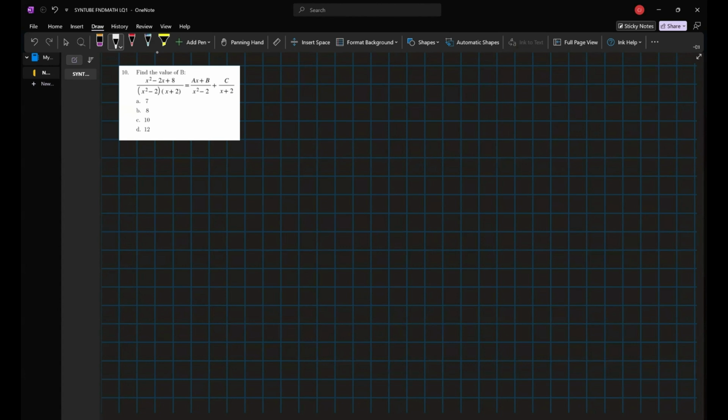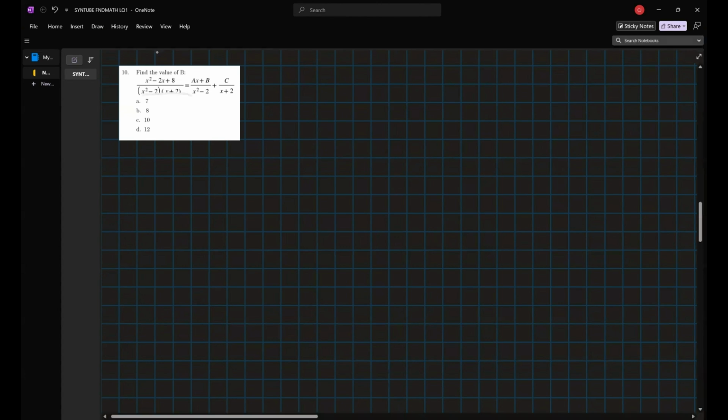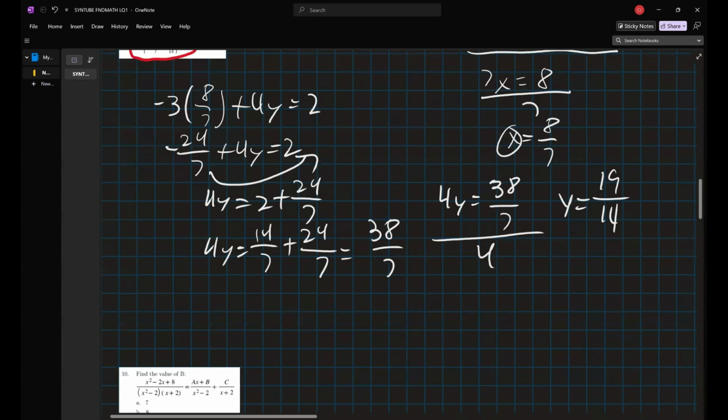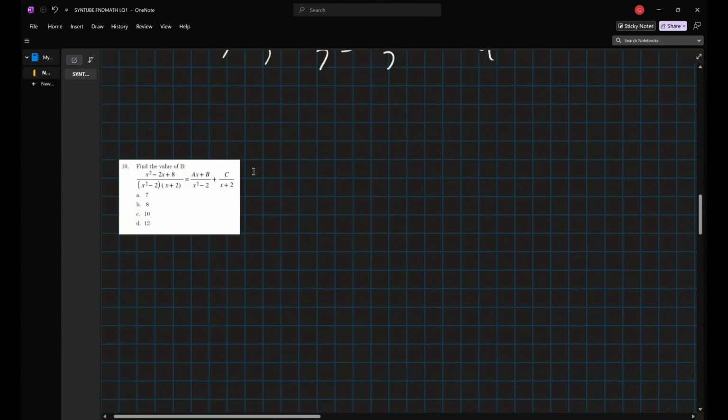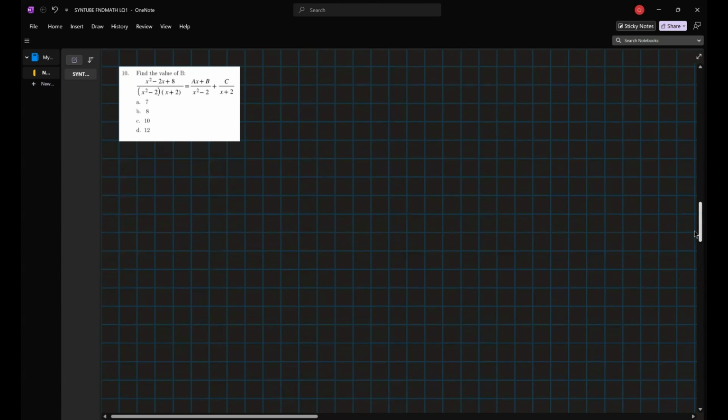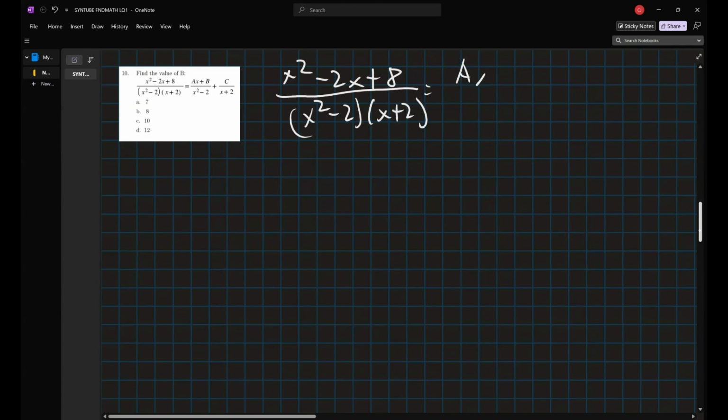So what we can do is first we have to eliminate the denominator, right? So to do that, we basically have to multiply both sides by x squared minus 2 and x plus 2. Now, we have here x squared minus 2x plus 8 all over x squared minus 2 times x plus 2 equal to ax plus b over x squared minus 2 plus c over x plus 2.